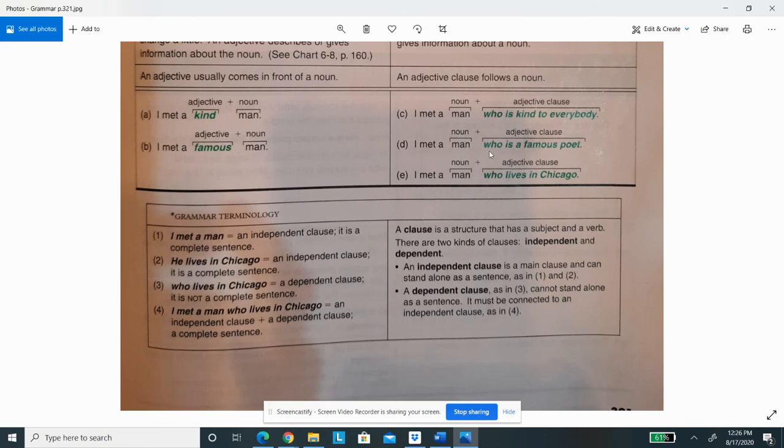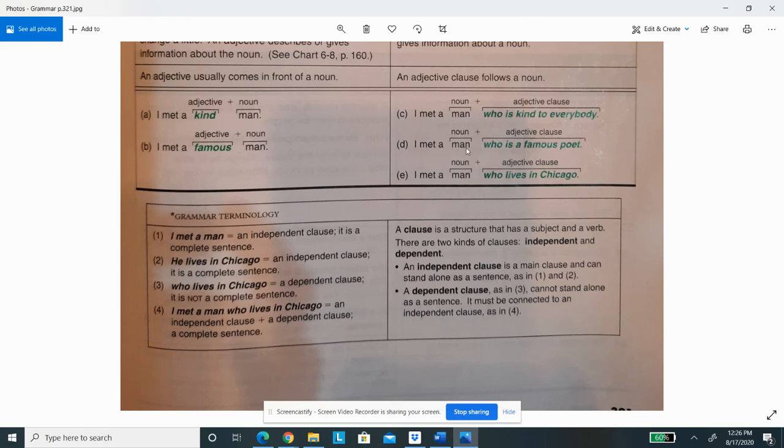When you have this adjective clause, an adjective clause is a type of clause that is dependent. It needs an independent clause, okay? So on the left is the independent clause. It has a subject and a verb, and it's a complete idea.